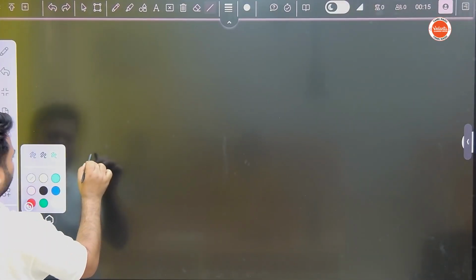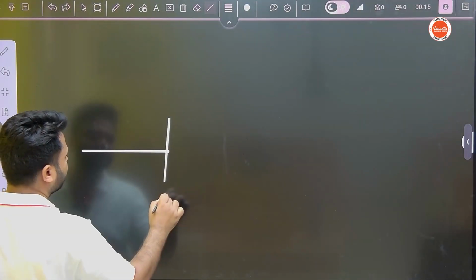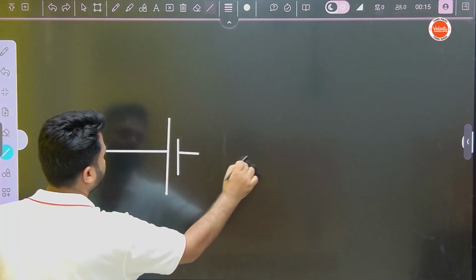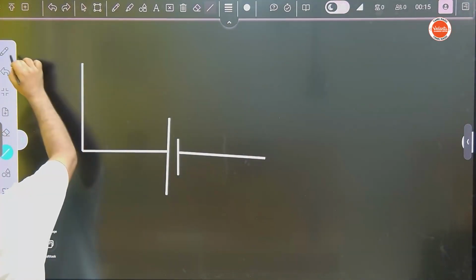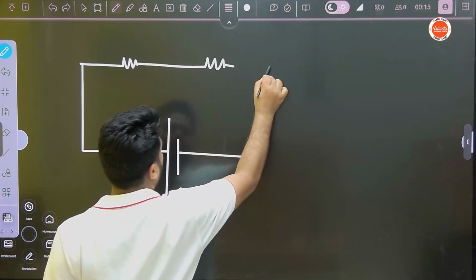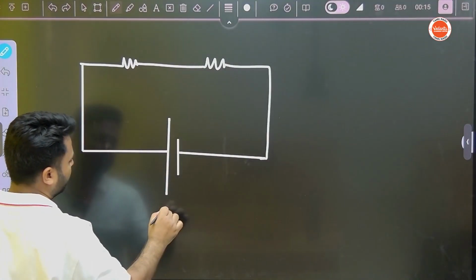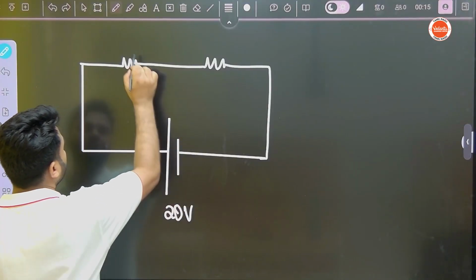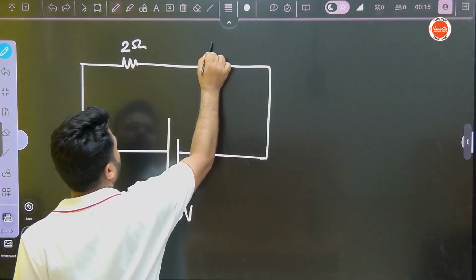See what I told. Suppose I draw a circuit like this. This is 20 volt. This is 2 ohm. This is 3 ohm.